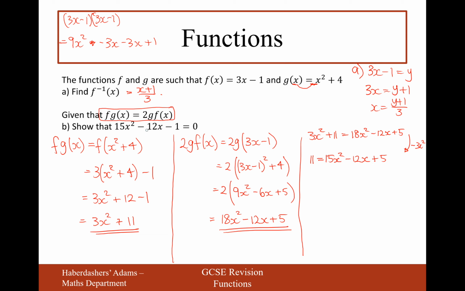This needs to be 10, doesn't it? Whoops. It needs to be 10 because 2 times 5 is 10, so that should be a 10 over here. We all make our silly mistakes, don't we? So add the 10 there, and then take away 11, so it's going to be perfect. It's going to be 15x squared minus 12x minus 1, because we take away 11. And there we are, that's our final answer.